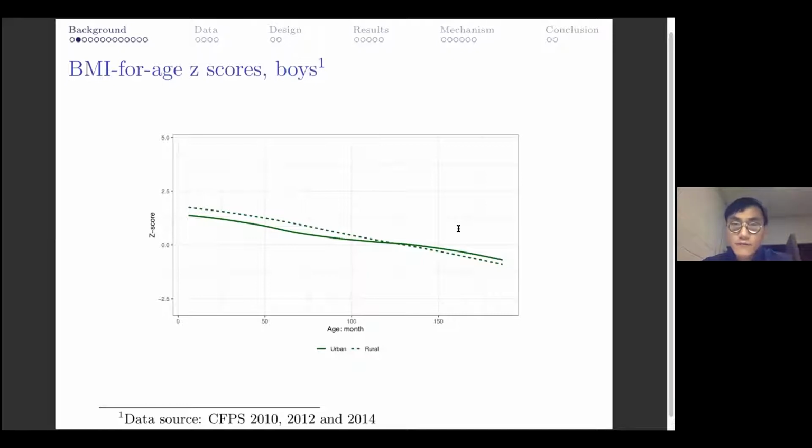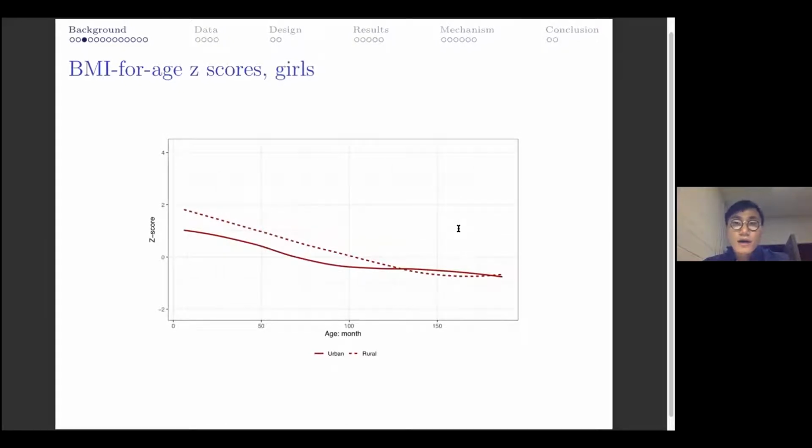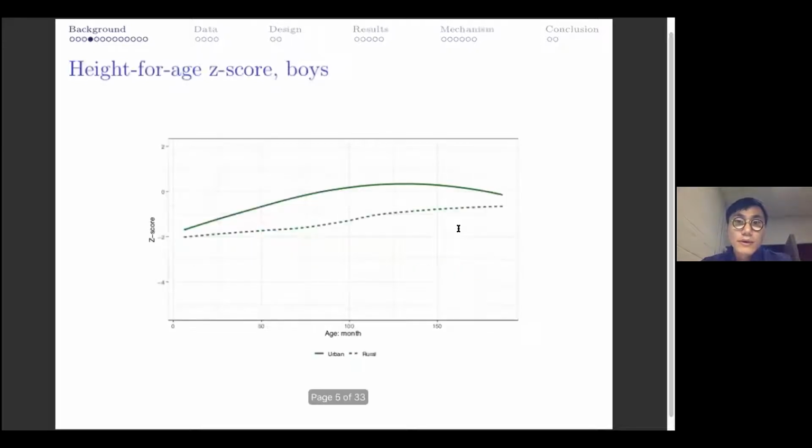If we look closer at this figure, those in earlier cohorts, or those under around 12 years old, have an average positive Z-score, which means they have a higher risk of being overweight and obese. The fact is also similar for girls' weight. But when we look at height, which can be considered an accumulation of nutrition over time, or long-term nutritional status, the picture is very different.